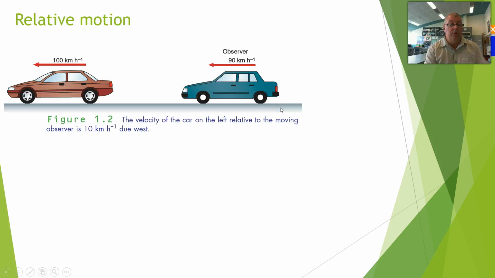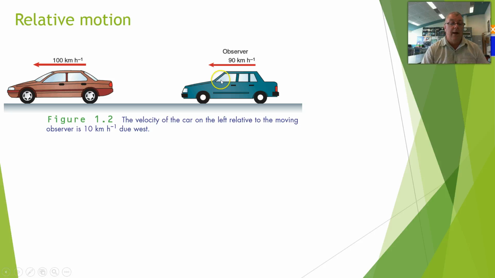Now, relative motion, we just quickly need to talk about. This is more important when you start doing relativity, but it's also a situation that you encounter just looking at questions. So when we talk about motion, generally we are viewing a situation as an observer outside of the situation, but occasionally you might get a question where the observer is within the situation.